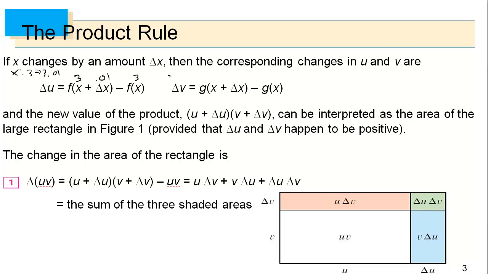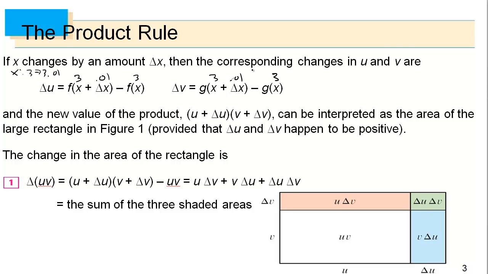That's the change in the output. And the same thing would be over here for whatever the change in x was, right? Wherever we start, it would be g of 3.01 minus g of 3, and that's how much the g function has changed for a 0.01 change. But now we just think of delta x as being any small change in x.